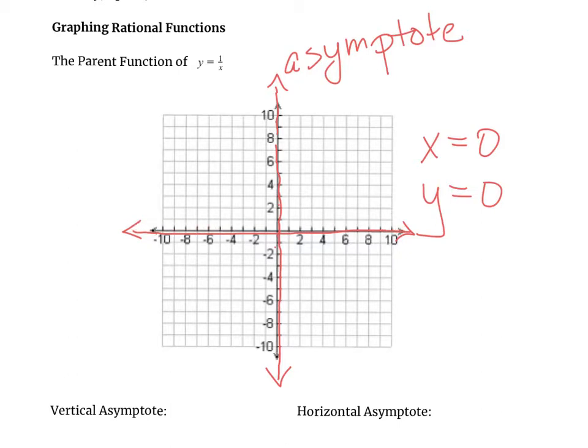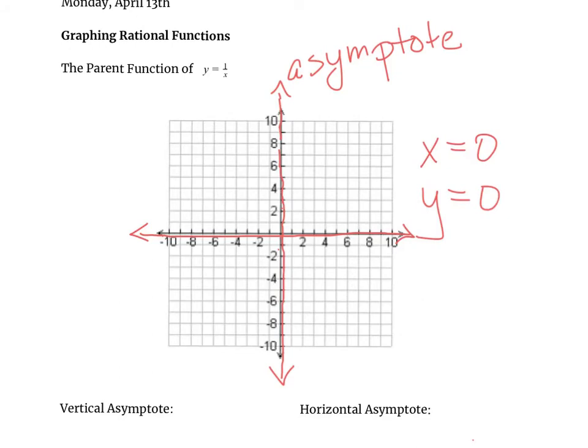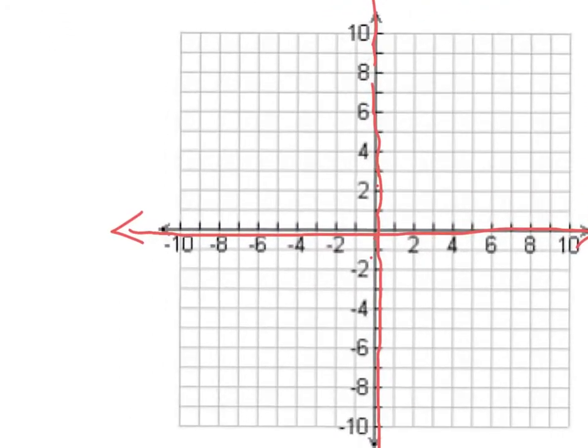Now, to get some points, if I plug in, say, 1 for x, what's 1 divided by 1? Well, that's 1. So I get the point 1, 1. Let me see if I can do that. Oops. There we go.